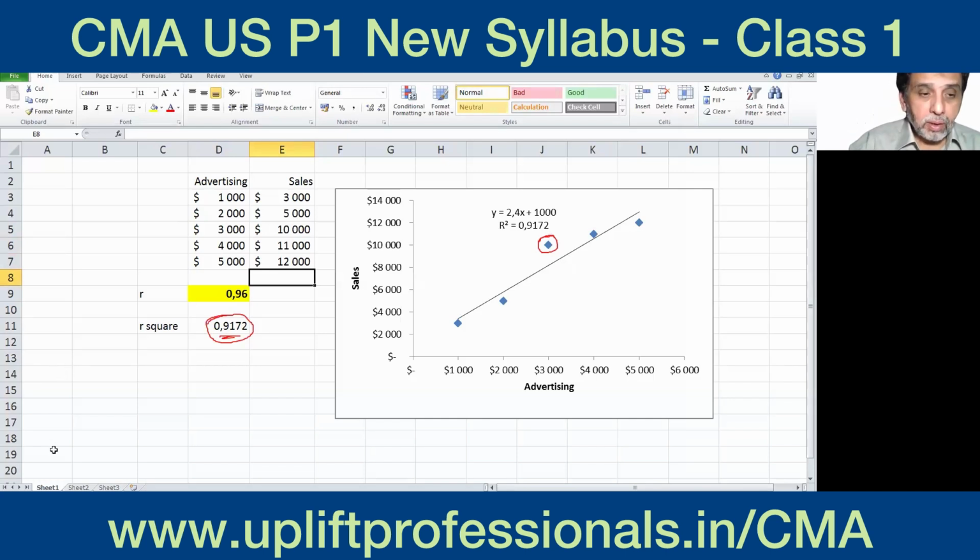Now, in a multiple regression, there's going to be one dependent variable like sales, but many independent variables: A1 x1 plus A2 x2 plus A3 x3.